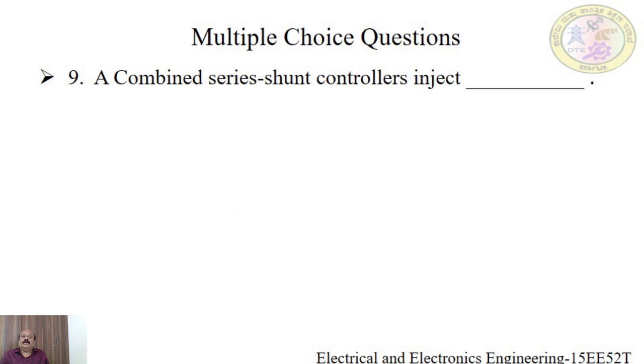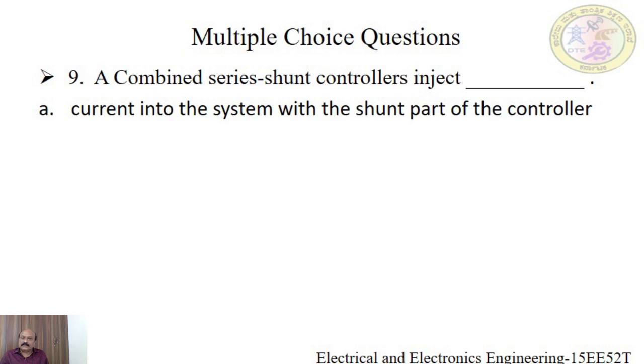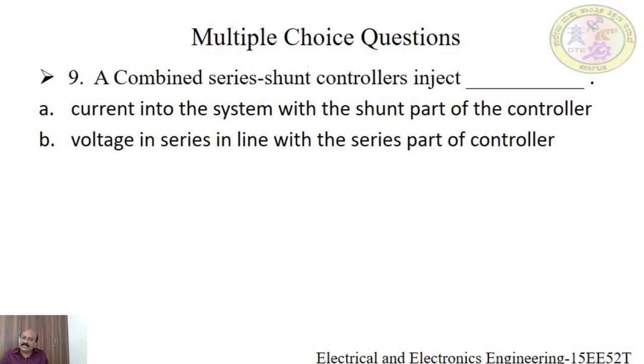Question number 9. A combined series shunt controller injects what? Is it only current? Is it only voltage? The power like this? Let us see. Current into the system with the shunt part of the controller. Voltage in series in line with the series part of the controller.